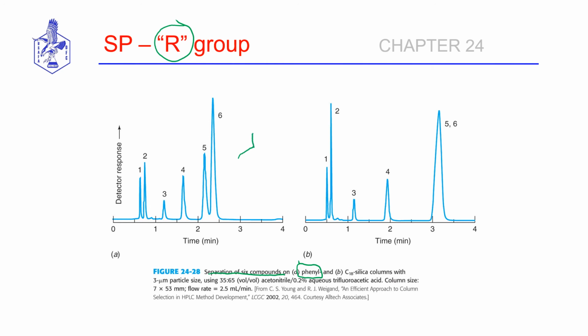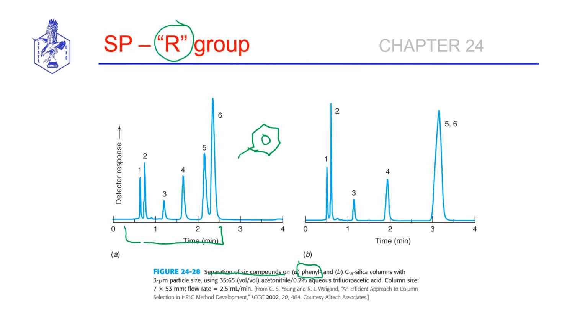Okay, we've attached a benzene ring to the silica surface. That tends to be nonpolar. Okay, and in the case of this particular sample, you can see that we get pretty good resolution for all of our components. There's 6 components. We get baseline resolution amongst all of them. The peak shape is decent, so that's an effective separation.